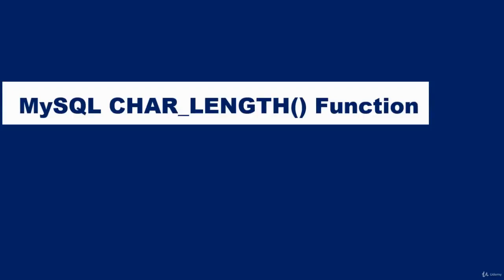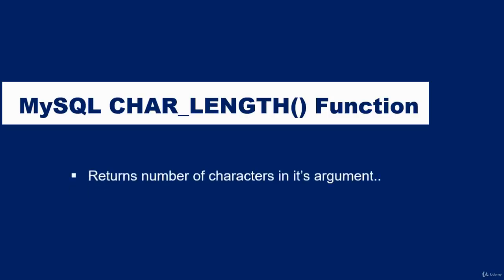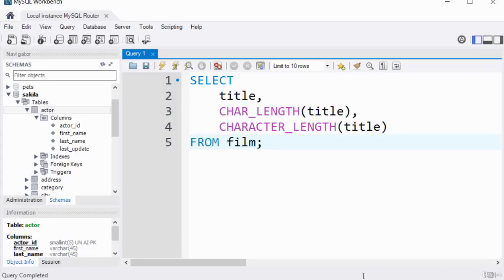The char_length function is used to return the number of characters in the argument that is passed to the function. The char_length and character_length functions both do the same thing. This is a query here in my editor.